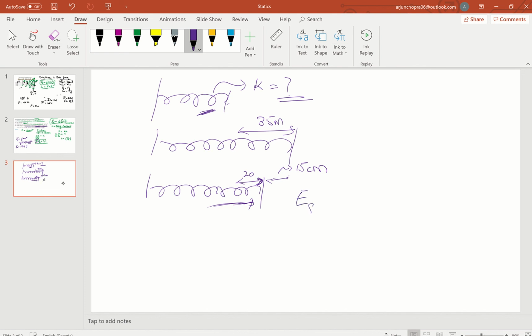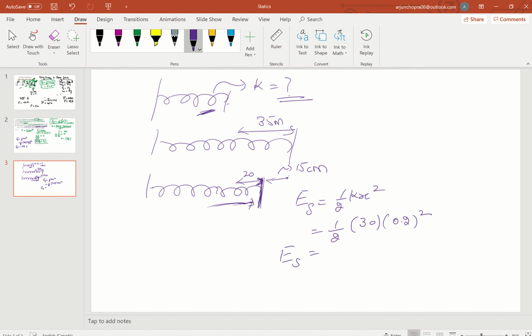Energy stored, Es, will be half kx squared, which is half times the k value, 30, and the displacement 0.2 squared. That is the spring energy stored when it is stretched only up to 20 centimeter.